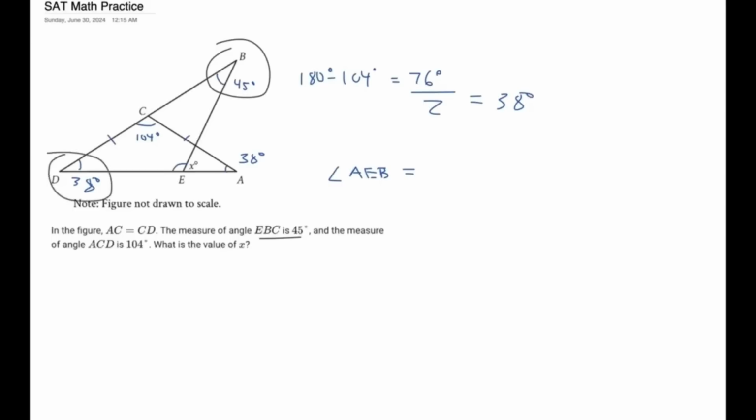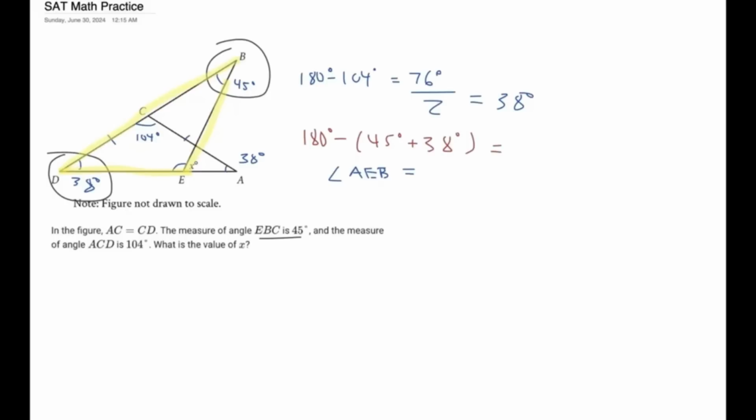These two angles make up a portion of this triangle right here. There are 180 degrees in a triangle, so if we found two of the angles, 45 degrees and 38 degrees, then we can find the last value.